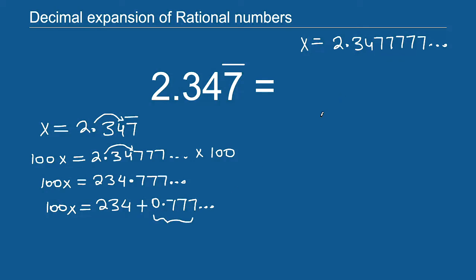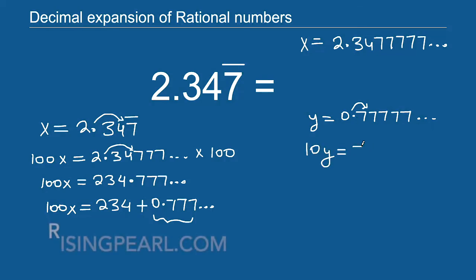And now we want to find out what this is. So let's do it over here. Let's say this value is y. So y is equal to 0.7777 like that. Because there is only one number which is repeating, we want to move the decimal place one place to the right. So we multiply both sides by 10. So we get 10y is equal to 7.777 like this.